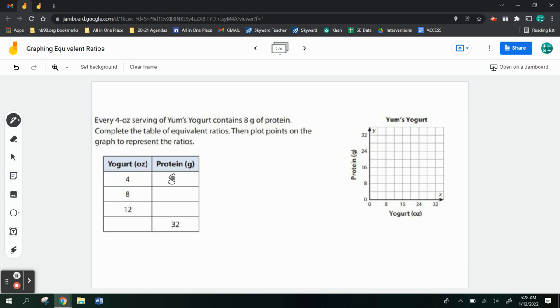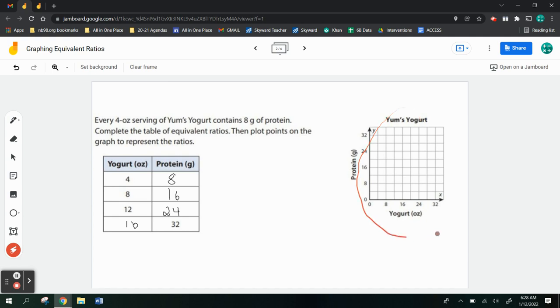This was an 8. This was 16. This was 24. And this was 16. So each of these is a point when it's together.